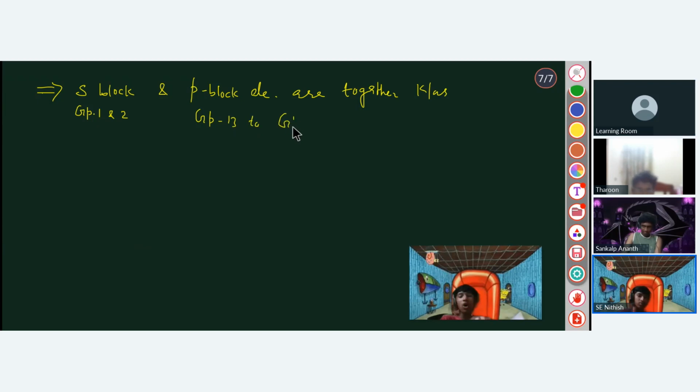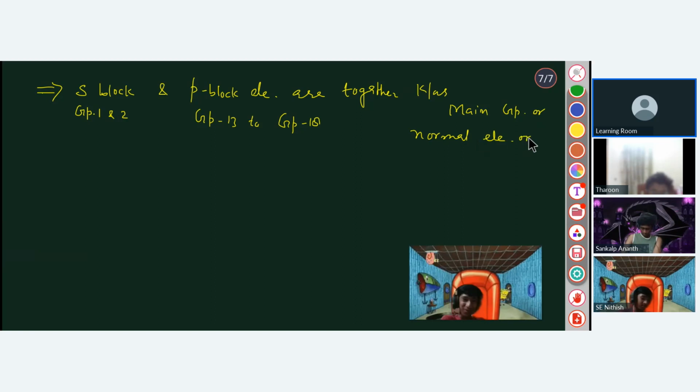They are together known as main group elements or normal elements. They are also known as representative elements. That means they represent the whole periodic table.